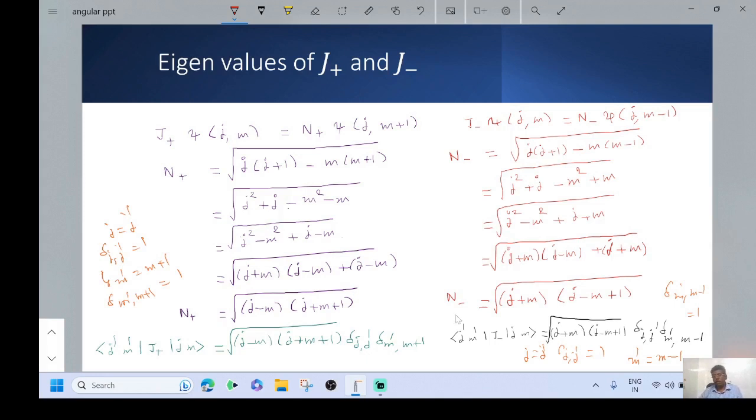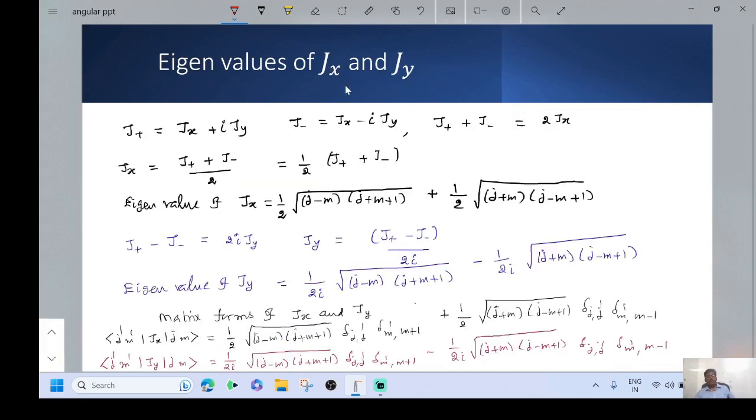For j minus, the matrix form is this much: delta of j comma j dash, delta of m dash comma m minus 1. If m dash equals m minus 1, delta of m dash comma m minus 1 is equal to 1. Here, if m dash equals m plus 1, delta of m dash comma m plus 1 equals 1.